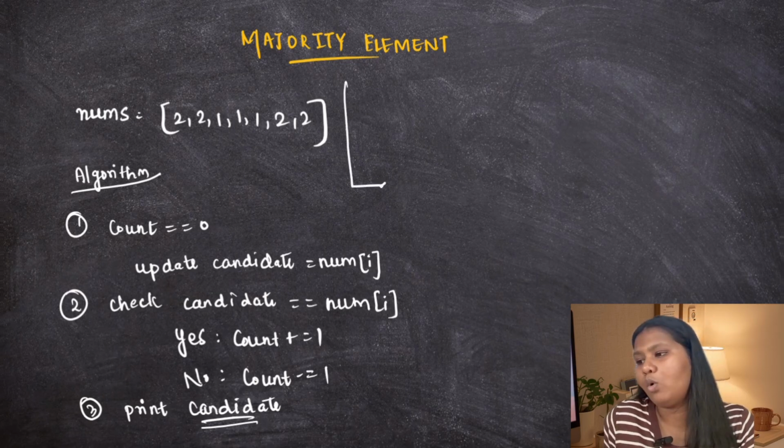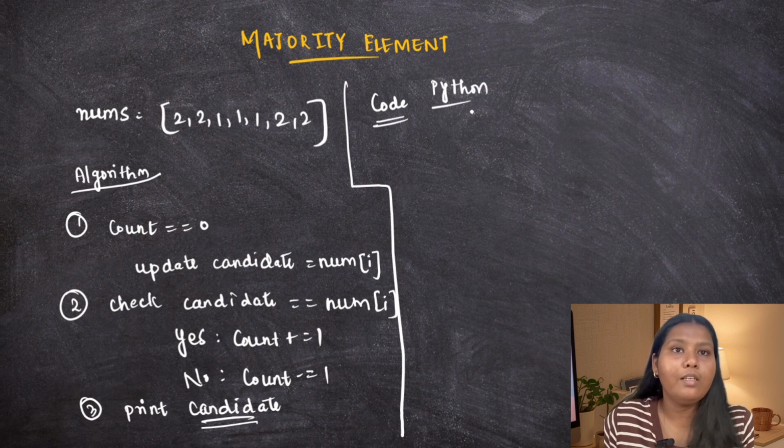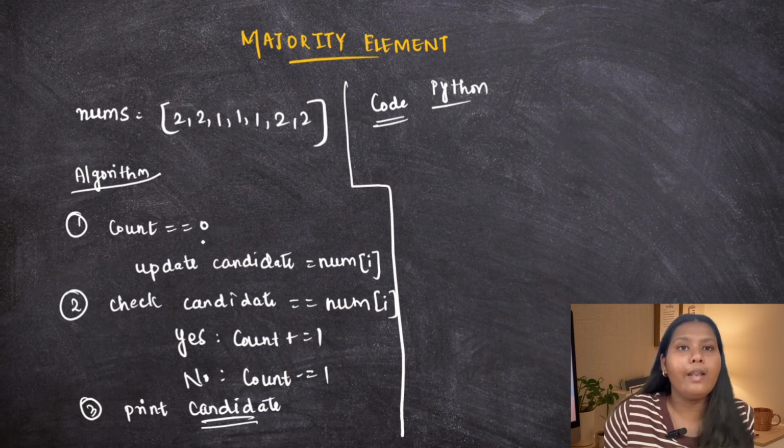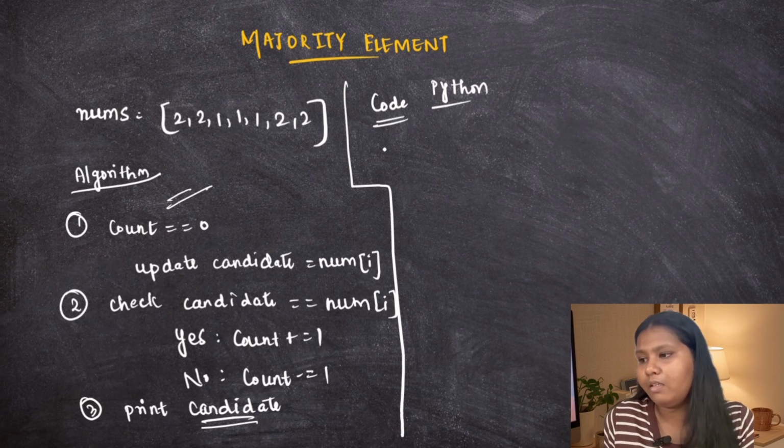So let's see how to code this. I'm going to code this in Python because it's very easy to understand. But if you prefer any other language like Java, C, anything, you can make use of this algorithm to code in your preferred language. I'll write the code in Python.